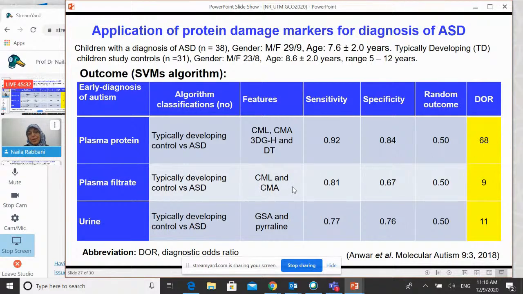For plasma filtrate, CML and CMA, only two features, gave reasonable sensitivity and specificity with a DOR of 9. In urine, GSA and pyrraline gave 77 and 76 sensitivity and specificity with a DOR of 11.